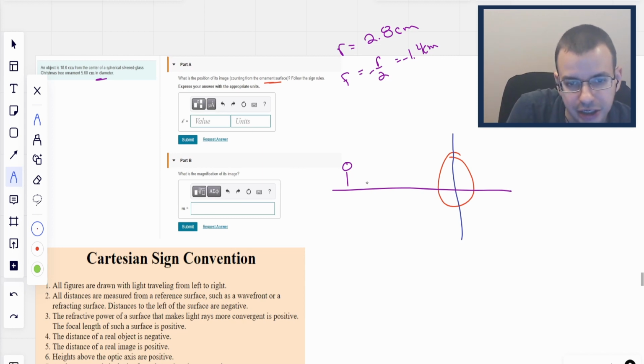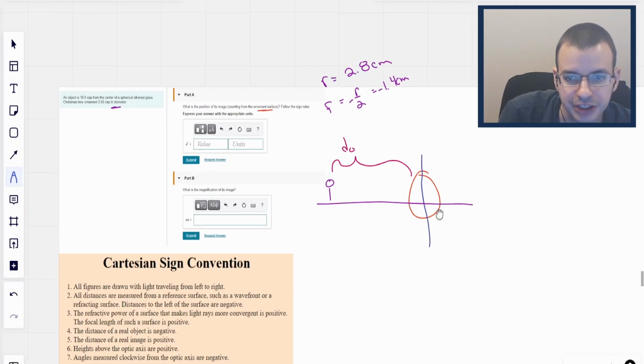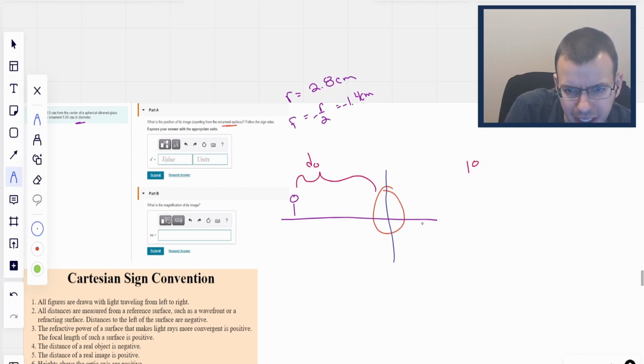Right in here, distance object. So distance object, we would think 18 centimeters, but we want to do it from the ornament's surface. So we're going to do 18 minus 2.8.